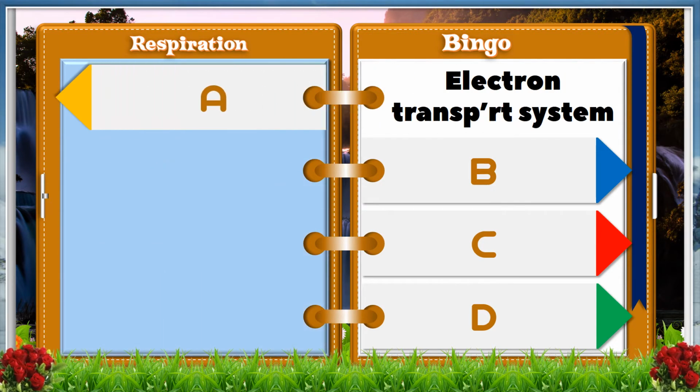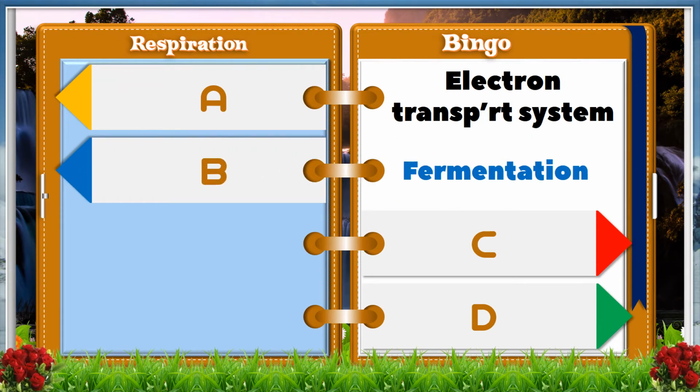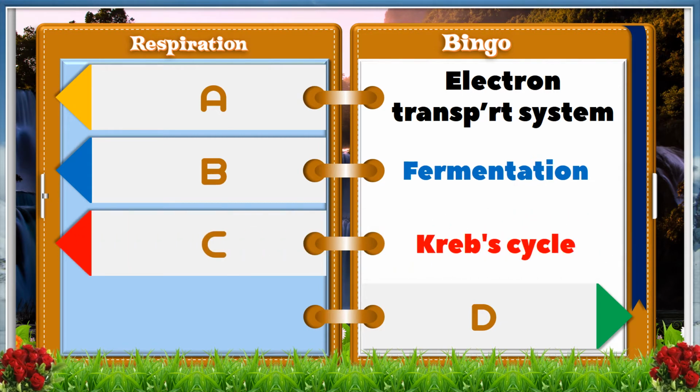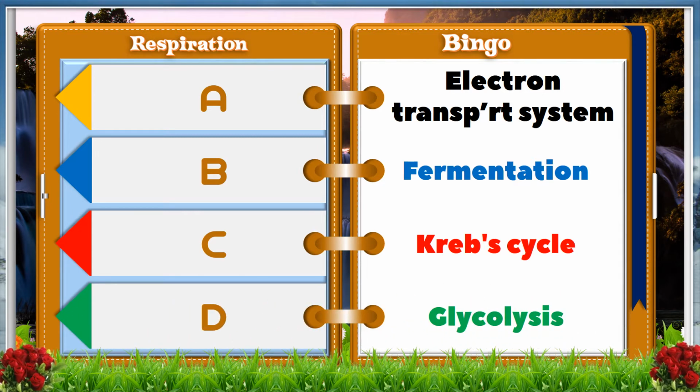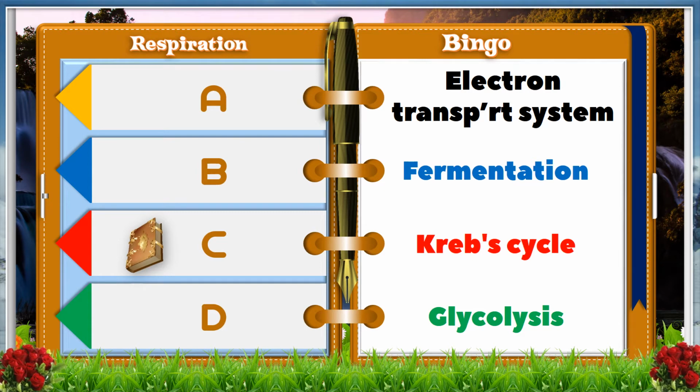A. Electron transport system. B. Fermentation. C. Krebs cycle. D. Glycolysis. And the answer is C. Krebs cycle.